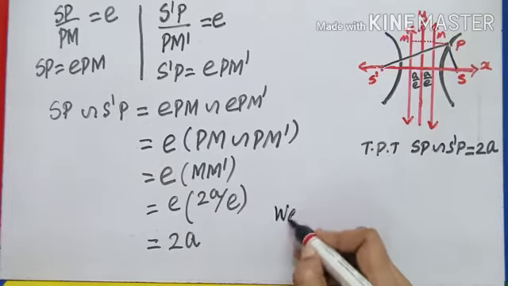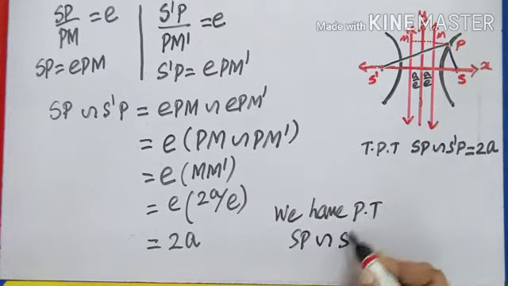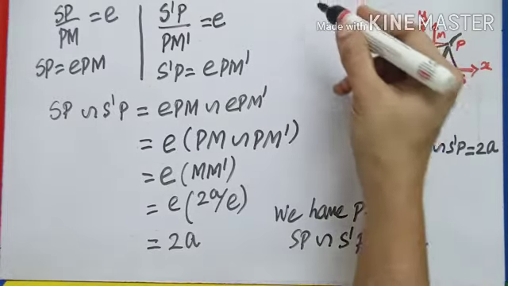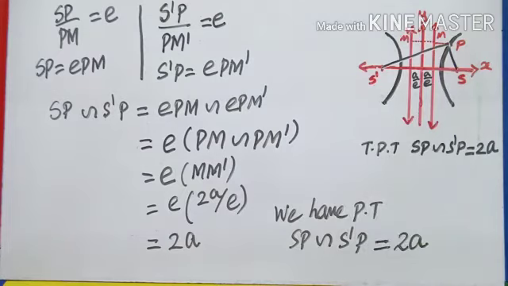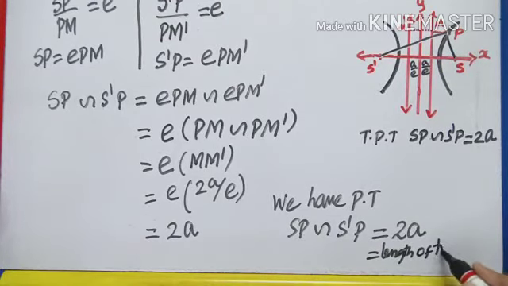So we have proved that the difference SP minus S dash P equals 2A, that is the length of the transverse axis. So we will say 2A is nothing but the length of the transverse axis.